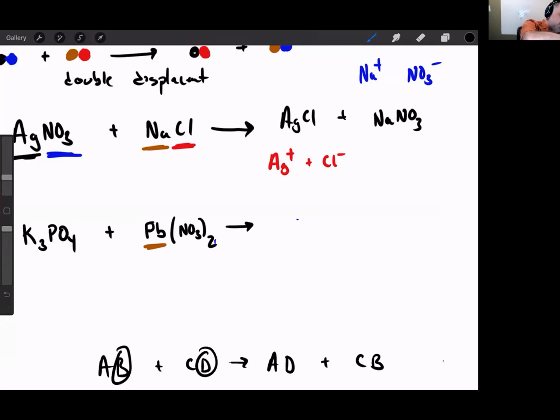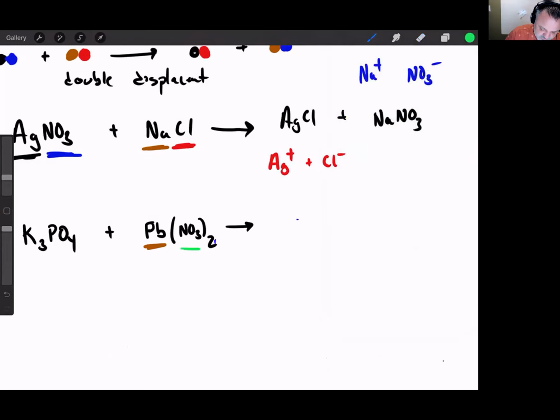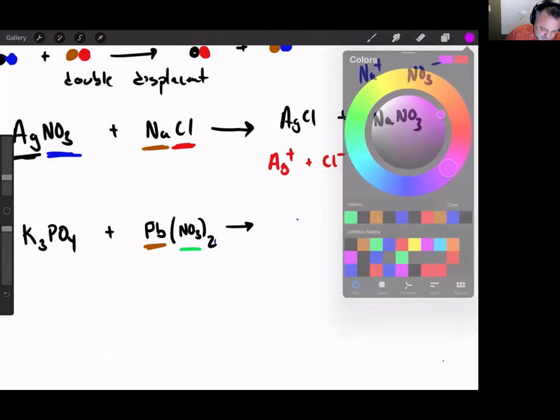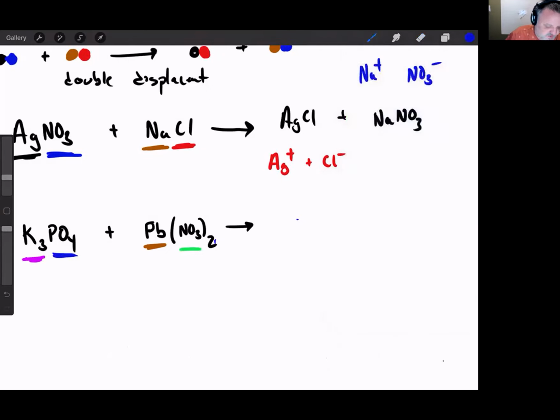Anyway, so we're going to do this double replacement reaction with potassium phosphate and lead 2 nitrate. It's going to be a little bit more of a challenge because the formulas aren't going to be as straightforward. So let's take a look. We want to get lead and nitrate. We're going to identify them. Potassium and phosphate.